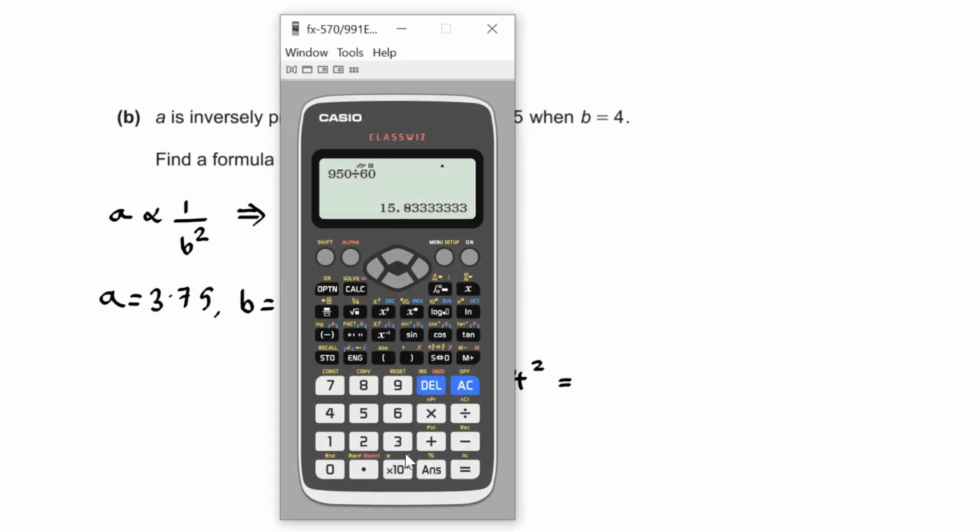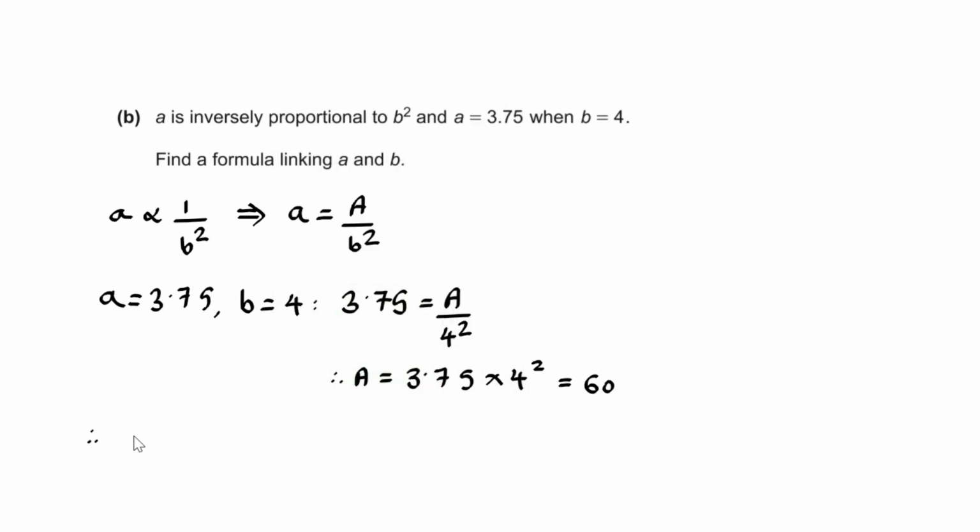If we work this out, we get 60, and therefore our formula is a equals 60 over b squared.